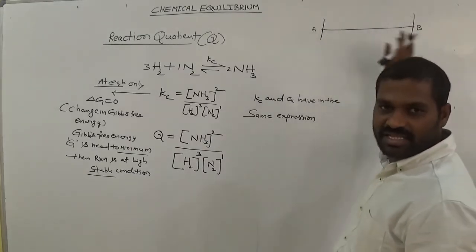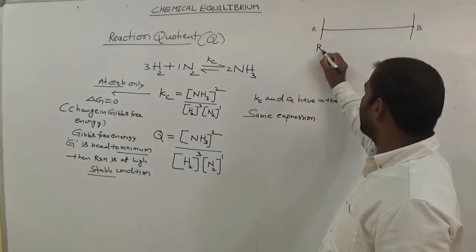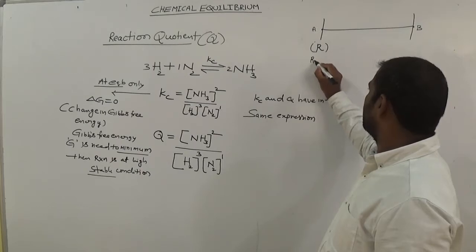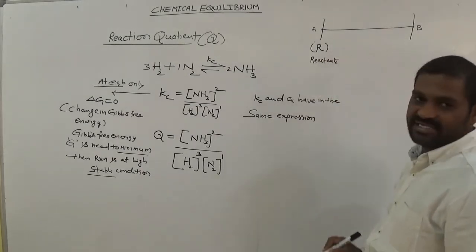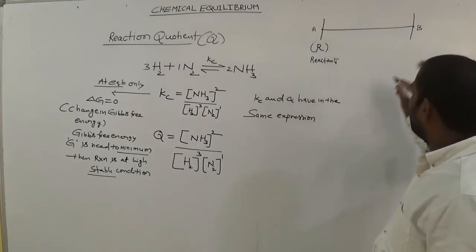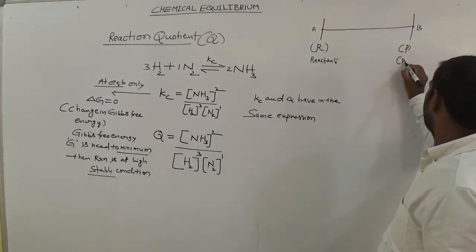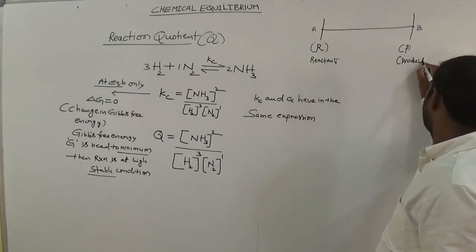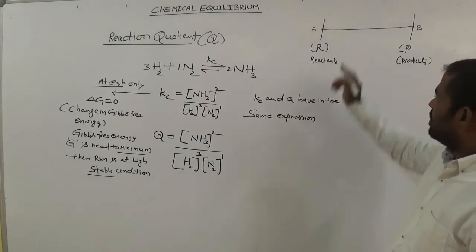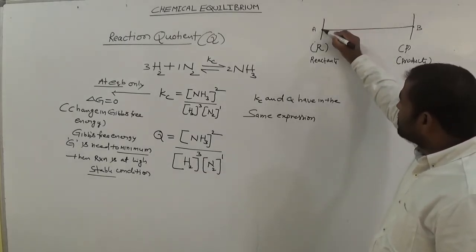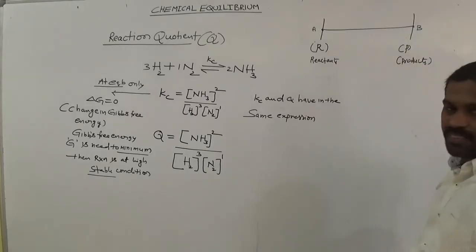At this point we have reactants, R means reactants, and this one is called products. Now the reaction starts at this point and the reaction ends at this point, suppose.